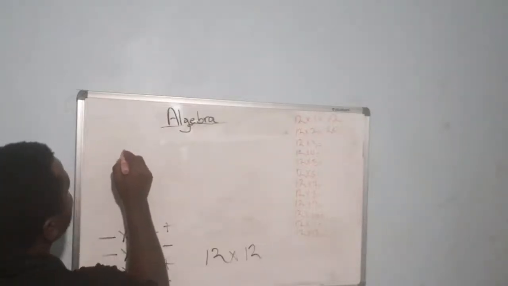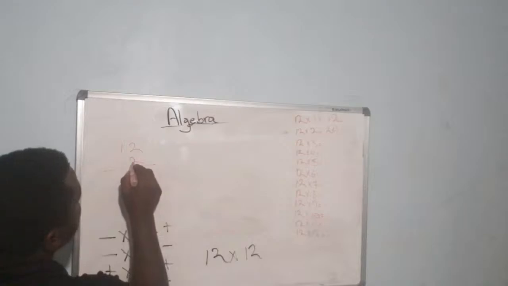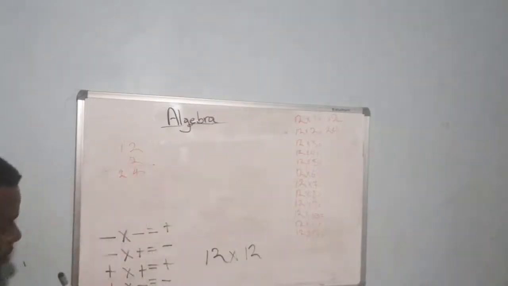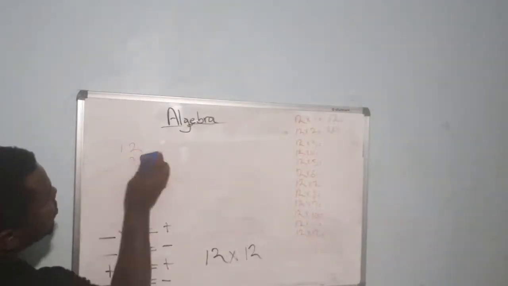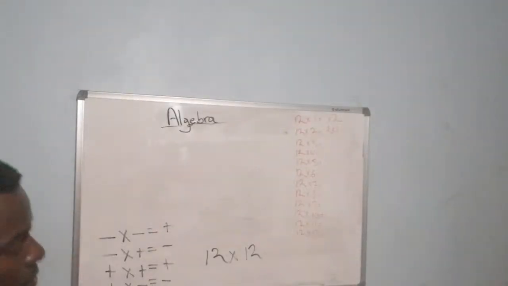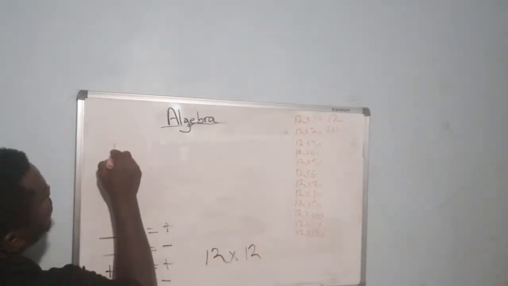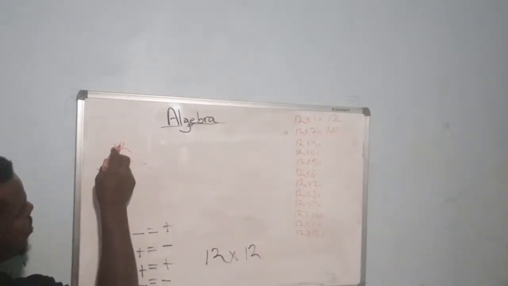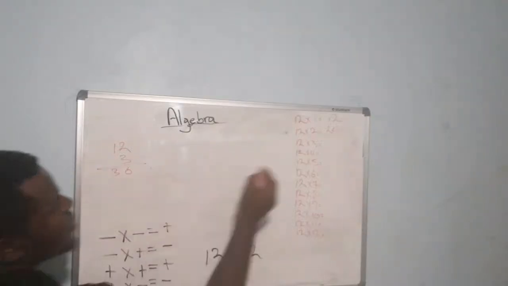And 12 times 2: 2 twos, 4, and 2 ones, 2. So that's 2 times 2, 4, and 2 times 1, 2. So 24. Now 12 times 3: 3 times 2 is 6, and 3 ones, 3. So it's 36.